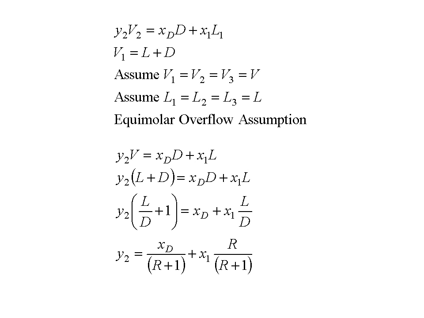Note that this is an equation of a straight line with the intercept equal to XD over R plus 1 and the slope equal to R over R plus 1.